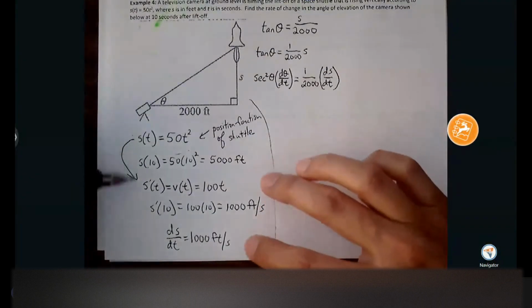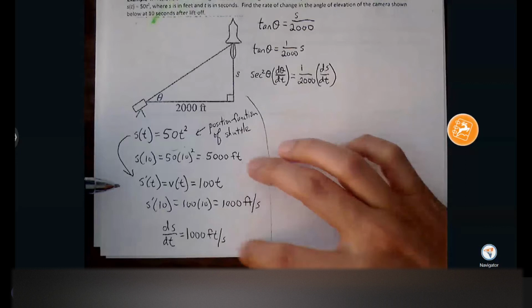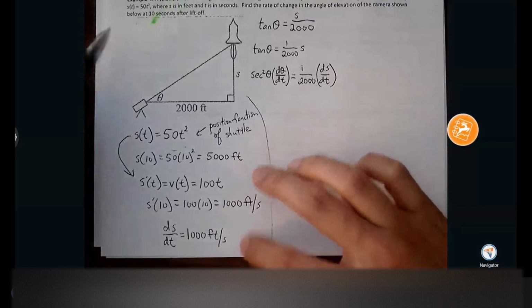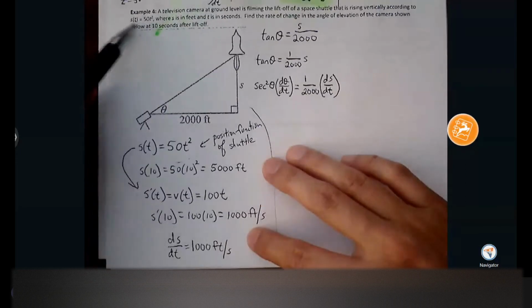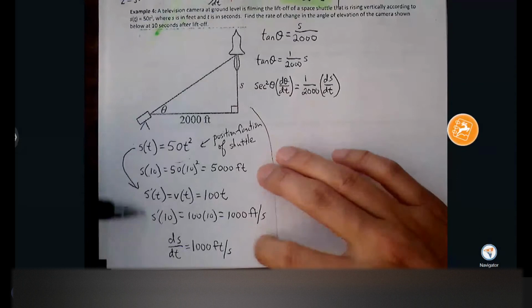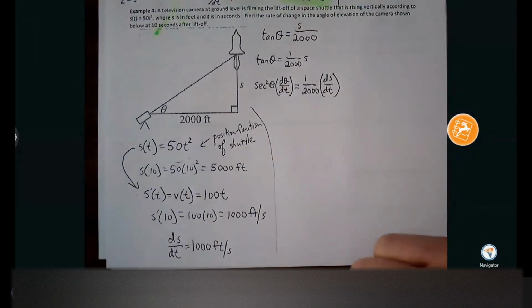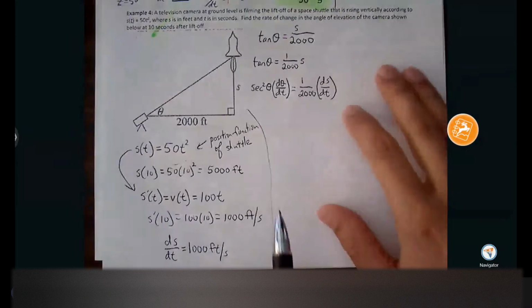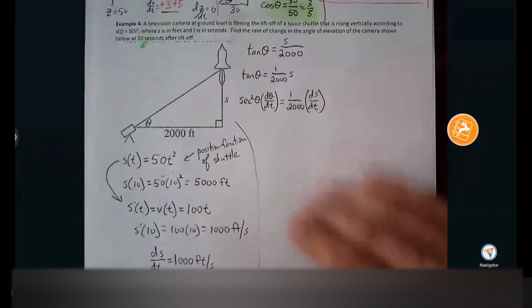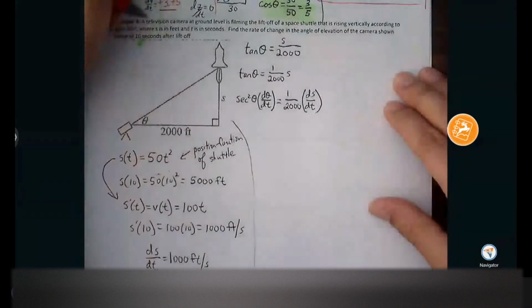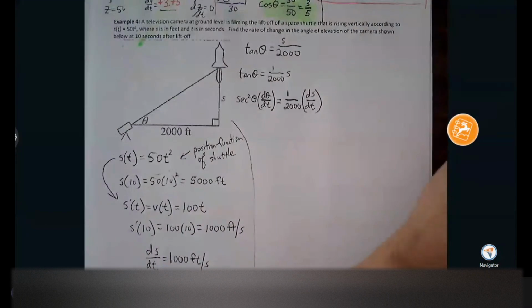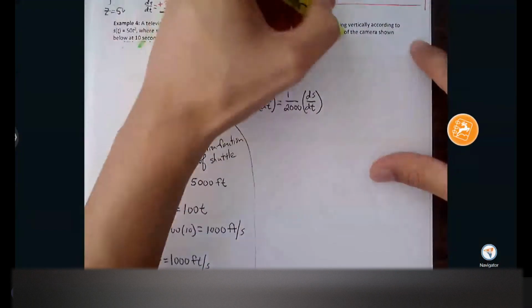Okay. So this required a little bit more work because previous problems just gave this information to us, but this one we're kind of given information indirectly and we had to kind of figure things out, requiring a few more steps. Okay, but now if we look, we're trying to solve for d theta dt, right? That's still our goal here. Find the rate of change of the angle of elevation.